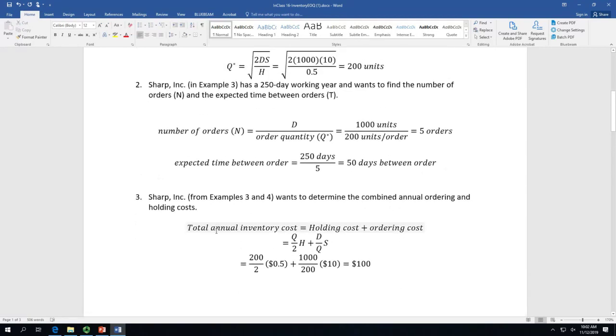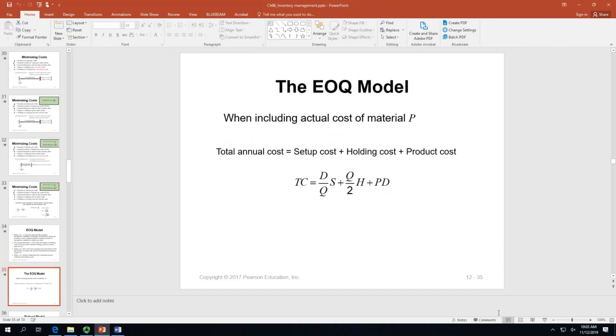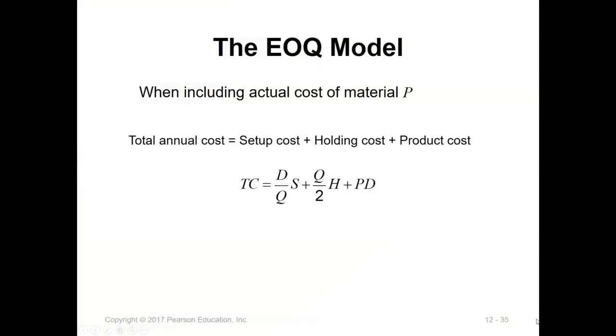And here, for this total annual inventory cost, we do not consider anything about the part price, the total price of the units. We are just considering the operation cost. The operation cost includes the holding cost and the ordering cost. Those are the 2 pieces of information. If we include the units themselves, the total annual cost should be setup cost plus holding cost plus the product cost itself.